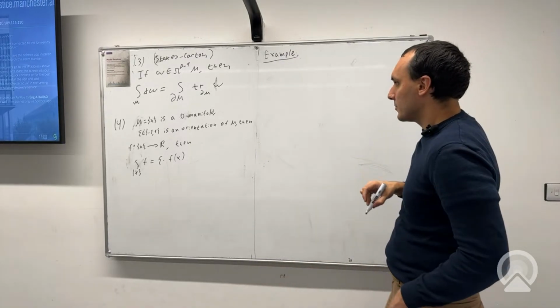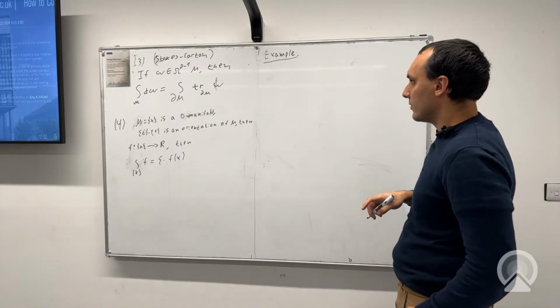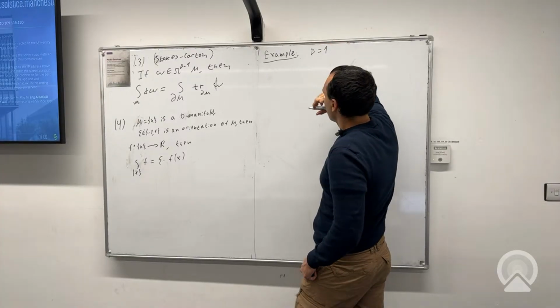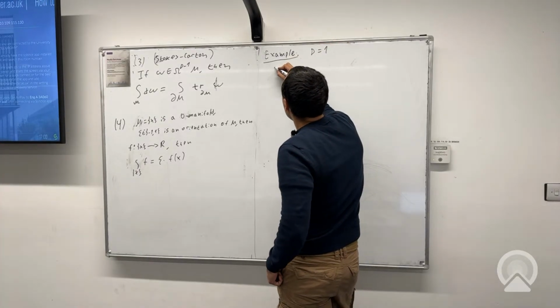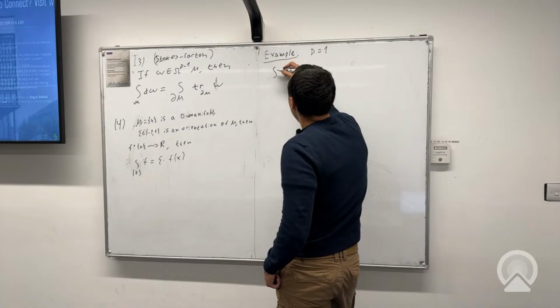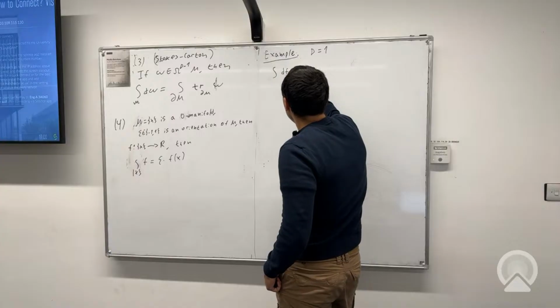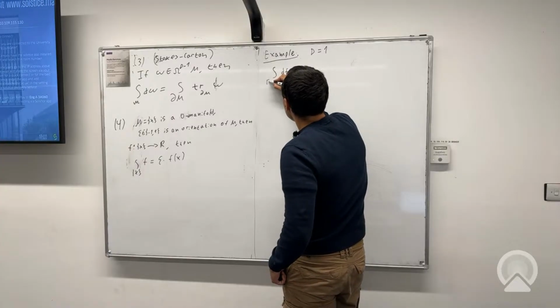So first, let's compute in 1D, so d equals 1, the integral of df over the set AB.